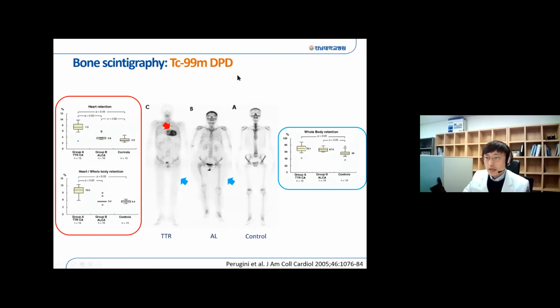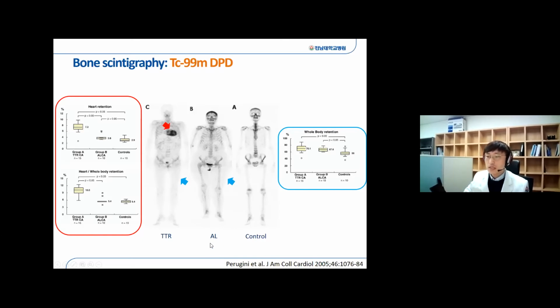Bone scintigraphy can be used for the diagnosis of TTR cardiac amyloidosis, and technetium DPD can be used for such imaging. And here on the left side, the TTR type cardiac amyloidosis shows a very high cardiac uptake as compared to AL type cardiac amyloid and control who had no definite heart uptake.